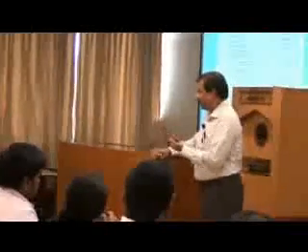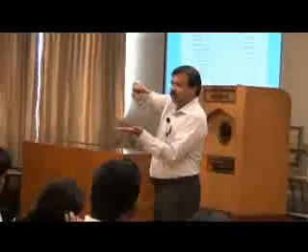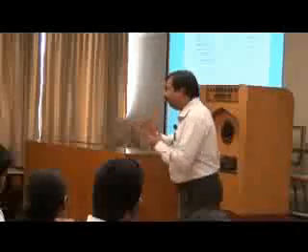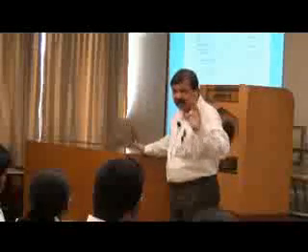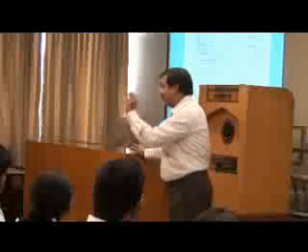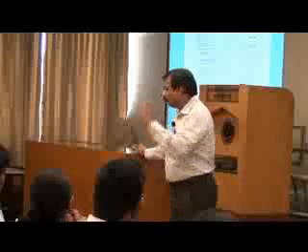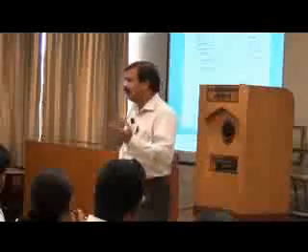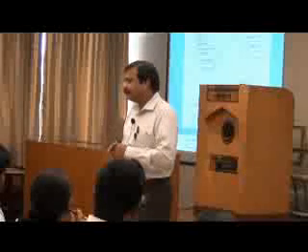You have a circular cross section, the piston is here, and then the piston makes one complete stroke. So I get a cylindrical volume. That volume of the cylinder is referred to as 50 cc, 100 cc, 1000 cc. So the volume of the engine cylinder is specified as cc, cubic centimeter.